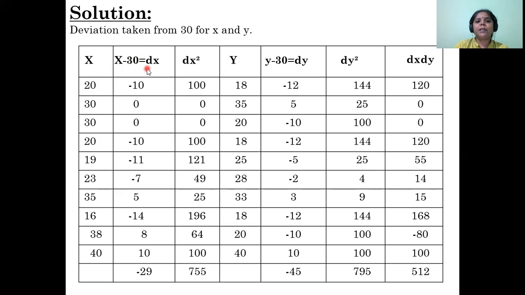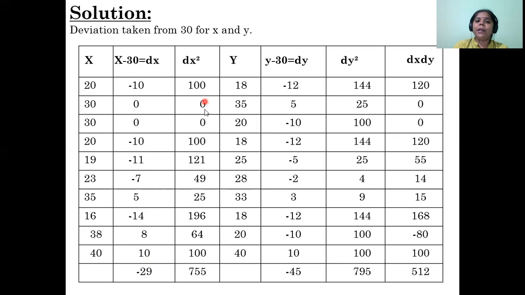So x minus 30 is equal to dx. 20 minus 30 is minus 10. 30 minus 30 is 0. 30 minus 30 is 0. 20 minus 30 is minus 10. 19 minus 30 is minus 11. 23 minus 30 is minus 7. 35 minus 30 is plus 5. 16 minus 30 is minus 14. 38 minus 30 is plus 8. 40 minus 30 is 10. So this is the dx value.